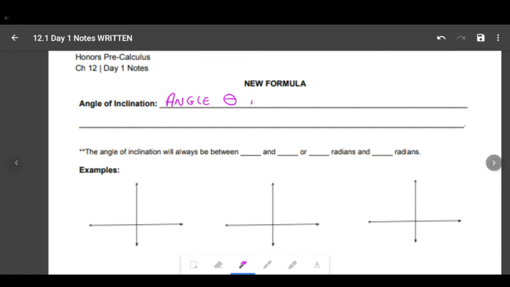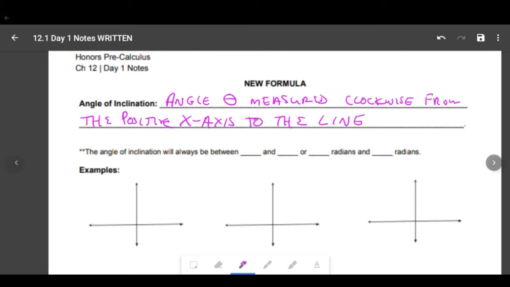The angle theta that is measured clockwise from the positive x-axis to the line we're referring to, okay?